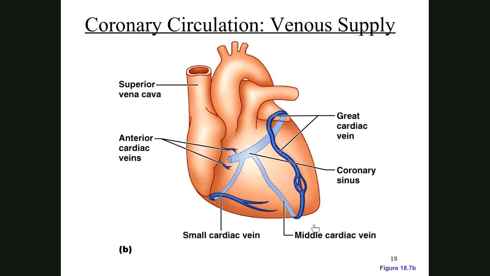The middle cardiac vein runs along with the posterior interventricular artery, in a similar location, into the coronary sinus, and blood in the coronary sinus goes into the right atrium.